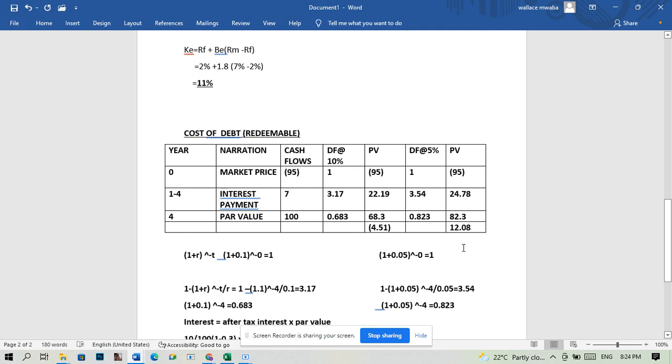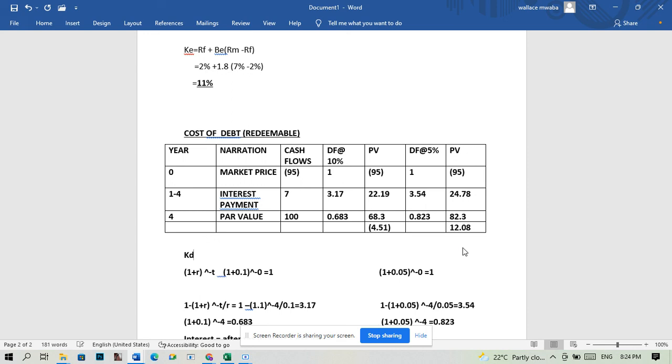All right, so now we'll find the cost of debt. We're going to use this formula: KD equals A%, where A% represents the lower rate, so it's this 5% here, plus NPV at A%, the net present value we found with the lower rate, divided by NPV at A% minus NPV at B%.